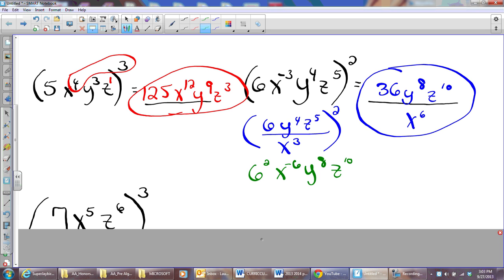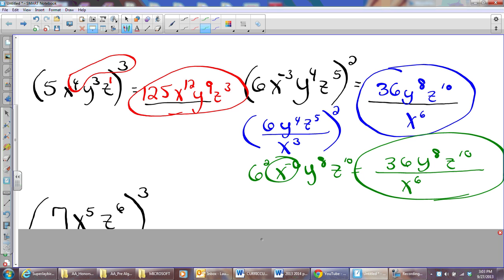Yes, and I'll give a better answer, because I don't like negative exponents in my answer. 6 squared is 36. I need the reciprocal of him. He goes downstairs, becomes positive, y to the 8th, and z to the 10th. And look, I get the same exact answer.